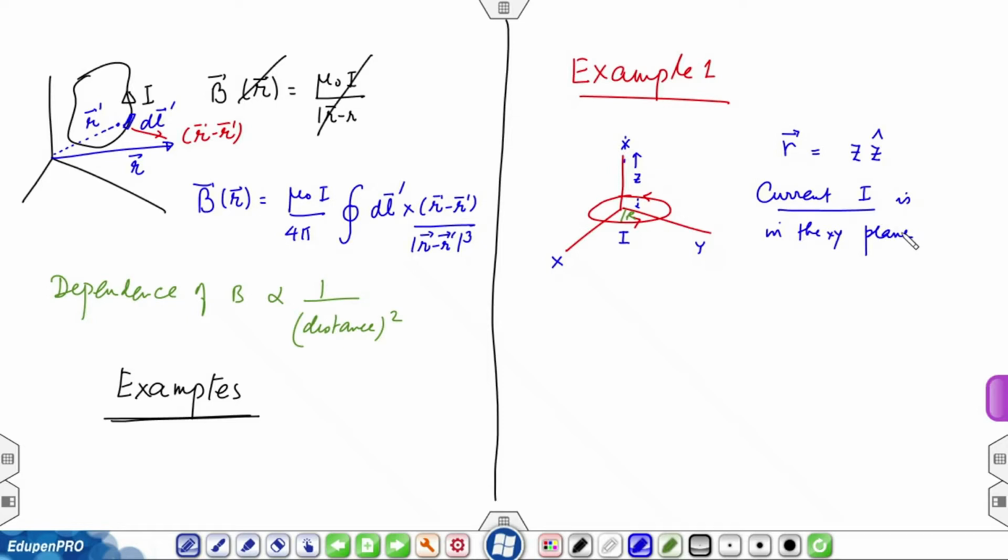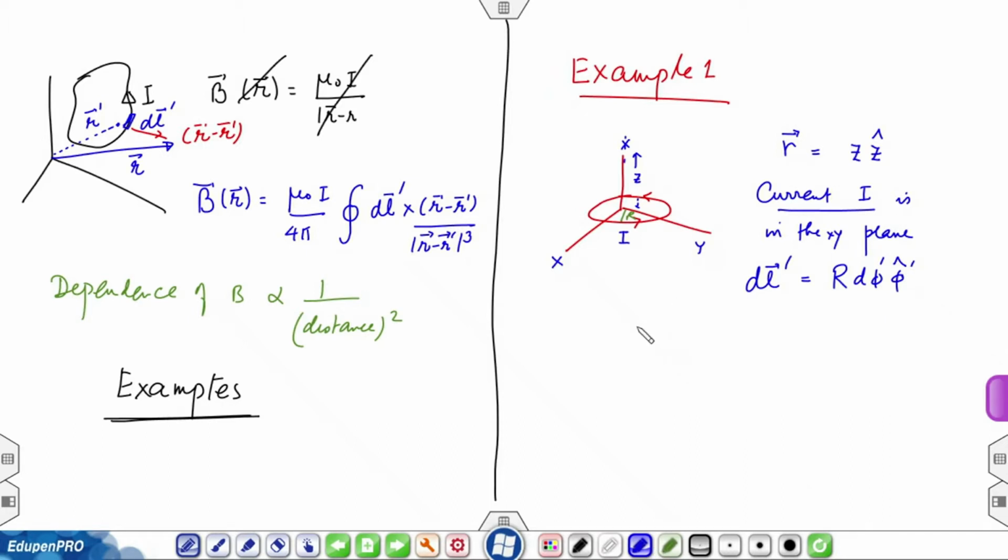So, dl prime is going to be along the loop, the radius times d phi in the phi direction, and in fact, I should write this as prime. R is the radius.